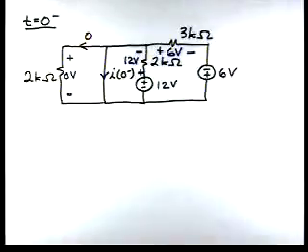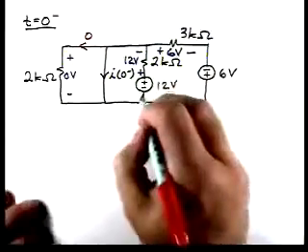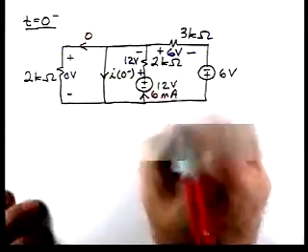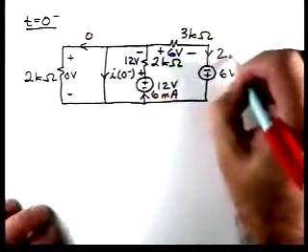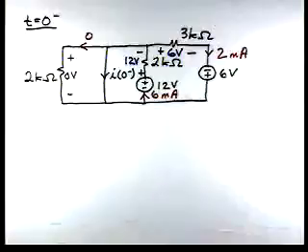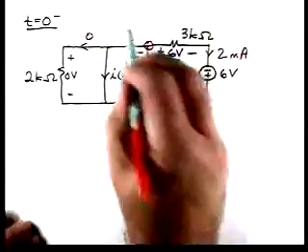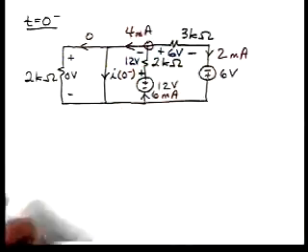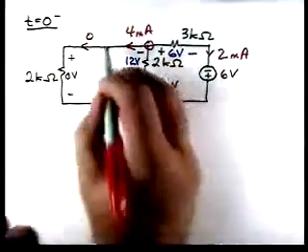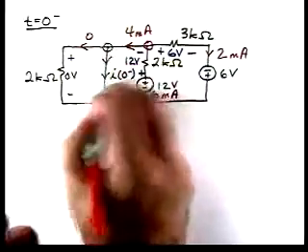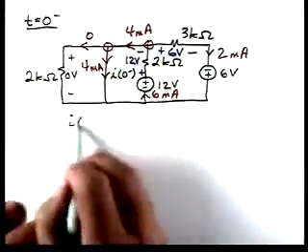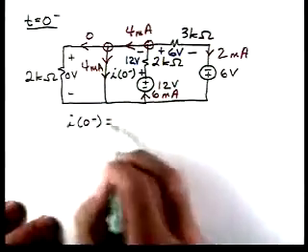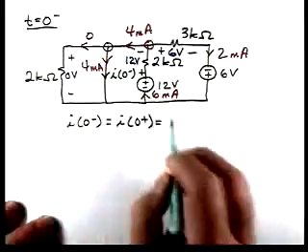As a result, there's 6 milliamps of current in that direction and 2 milliamps of current in that direction. If I apply KCL, the current in that direction has to be 4. Applying KCL again, this current is 4. So i(0 minus) equals i(0 plus) equals 4 milliamps.